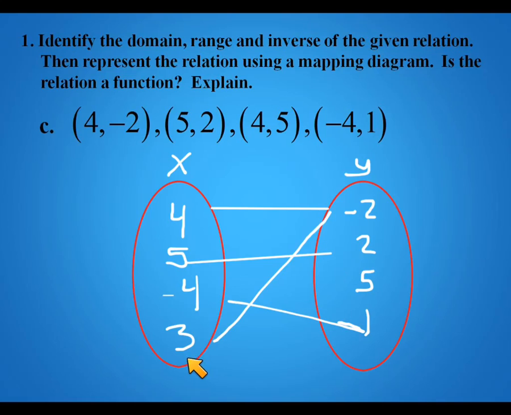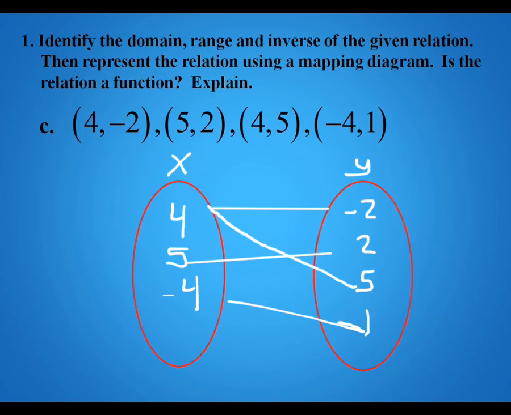That's okay because each of these still only goes to one y value. What can't happen is it goes to two different y values. See how this goes to two different y values, and the other one before, they went to the same y value, but they still went to one. This one goes to two different y values, so that's not a function.